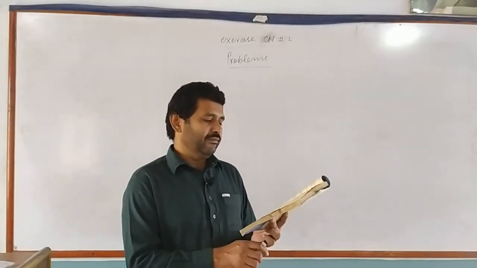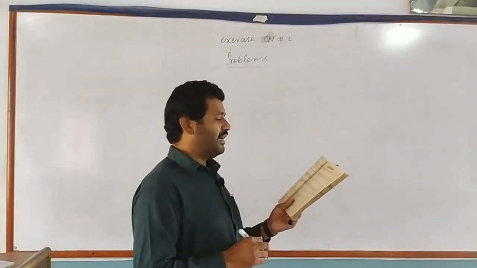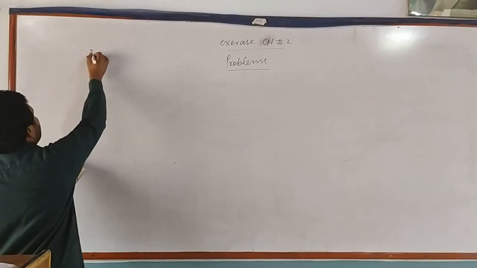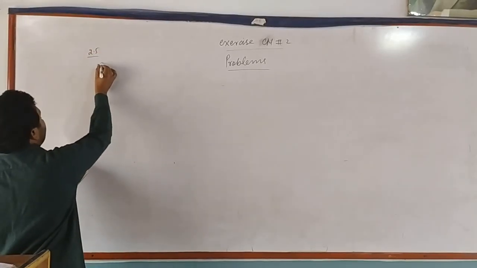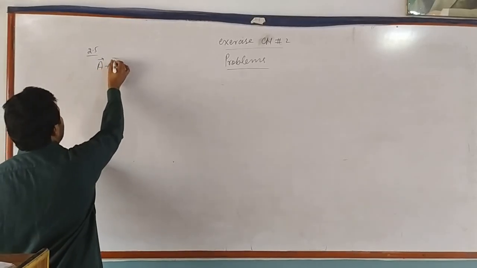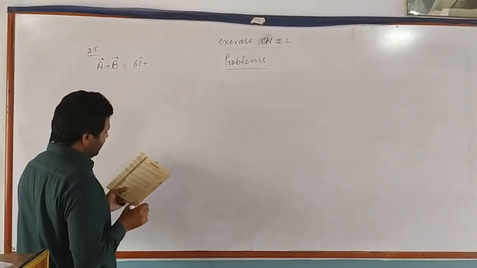If a vector B is added to vector A, the result is 6i plus j unit vector.